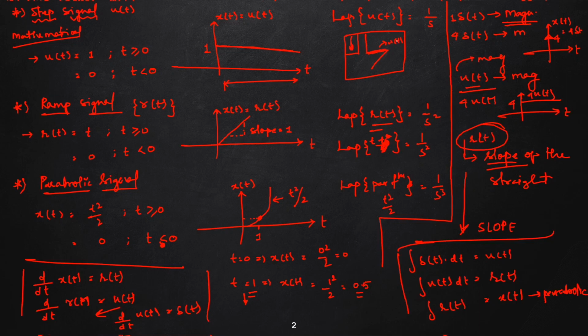If I further integrate this, then I will get a cross line like this. The cross line is nothing but the ramp signal. So I remember this shape, which is valid for integration, and I start from the top position and end at the bottom position. This is my mnemonic for this particular understanding.